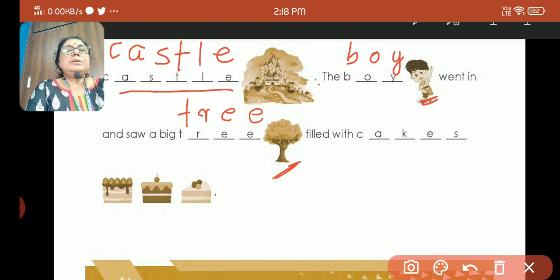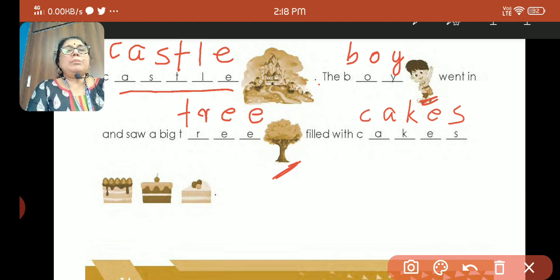Filled with, what is this? Cakes. Yes. We write here C-A-K-E-S. Cakes. How do you write it? Got it?